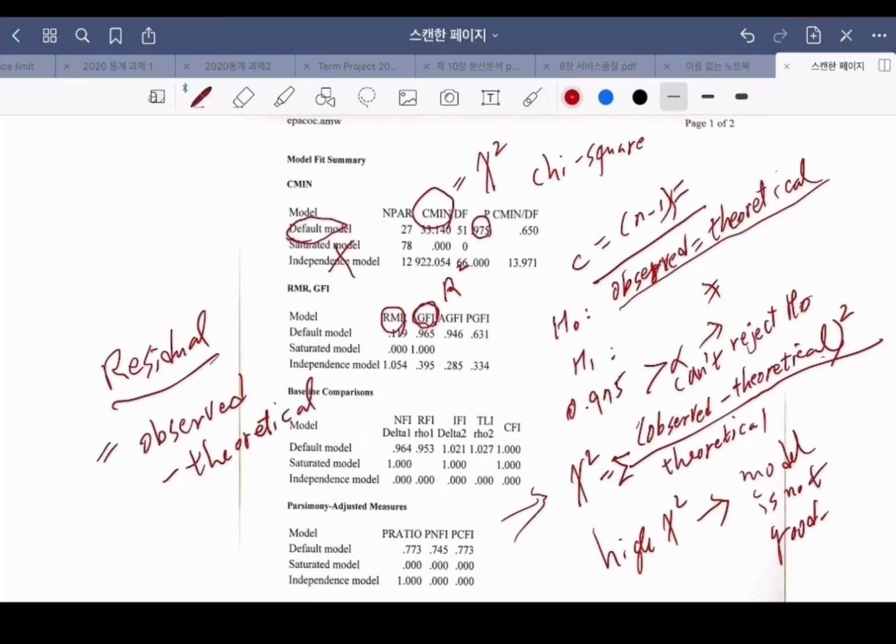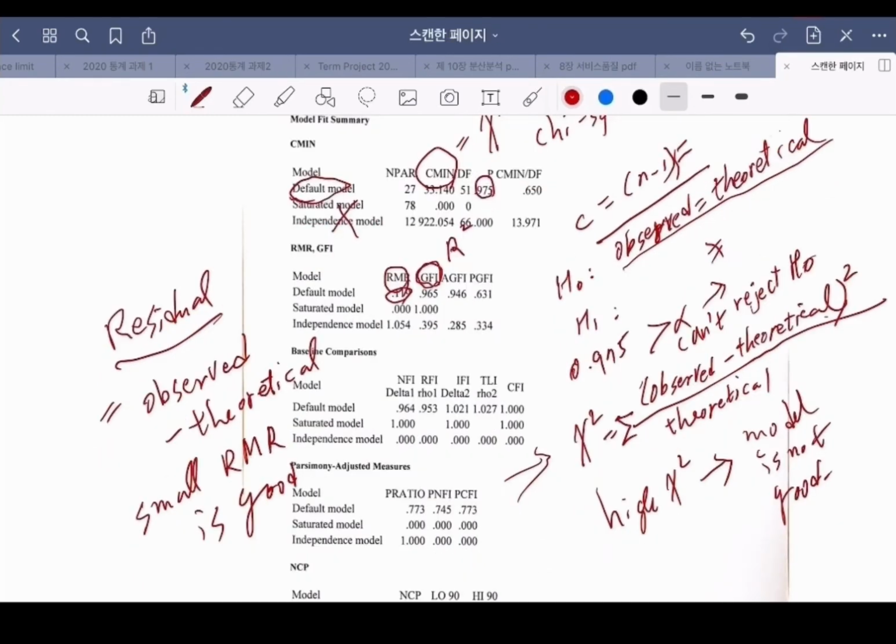If you have a small residual, it means your model is good, because there is no big difference between observed and theoretical. Small residual is good, so a small RMR is good.